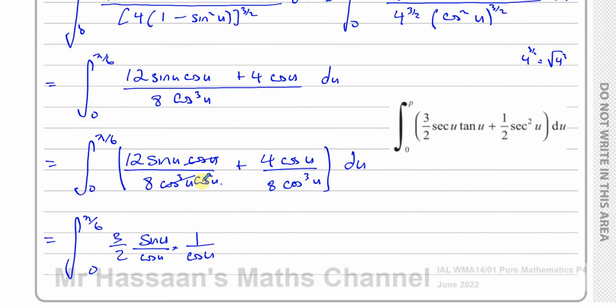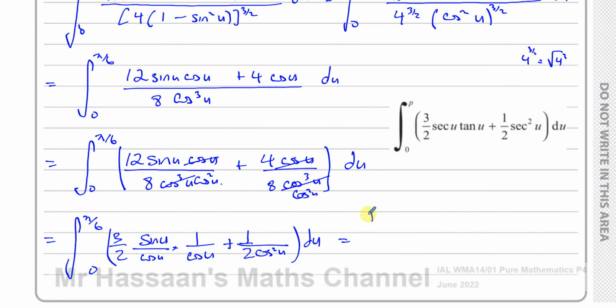I can split that up into two parts. And then I've got plus, and the 4 over 8 is 1 over 2, which is what I need. And the cosine u and the cosine cubed u cancel to give you cosine squared u. So you're going to have 1 over 2 times 1 over cosine squared u in the denominator, integrated with respect to u.